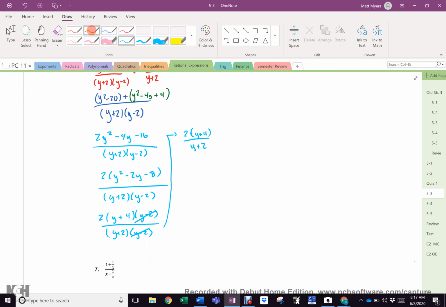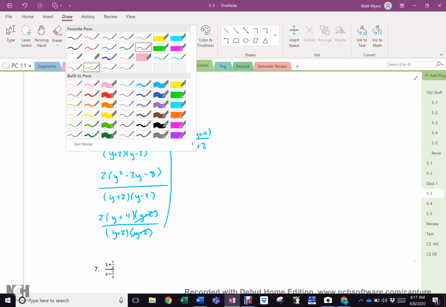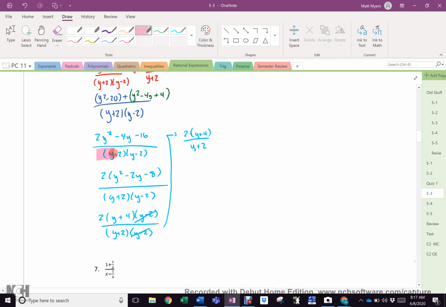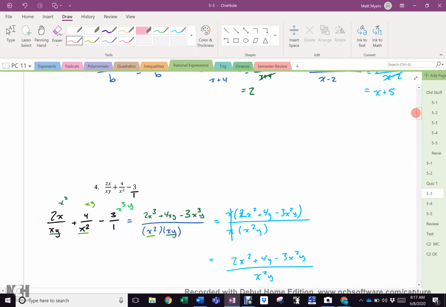And of course I should be checking for my non-permissible values. I should check for them right here at common denominator. So y cannot equal plus or minus 2. So you really should be checking them all the way along.